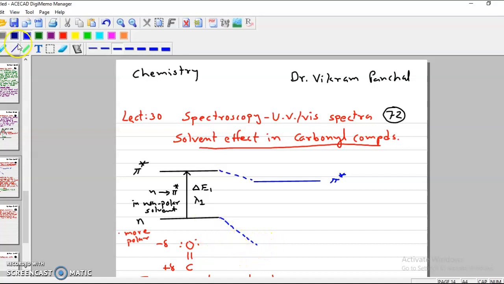So here we will see the n state over here. Here there is less reduction in energy and here more reduction in energy. So now the new n state in case of polar solvent, and transition takes place from n to pi star like this.